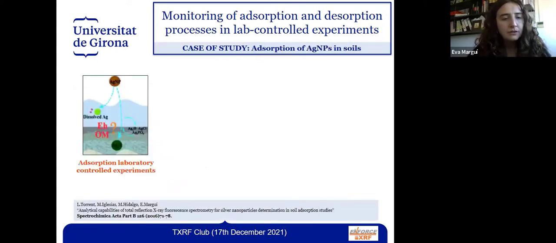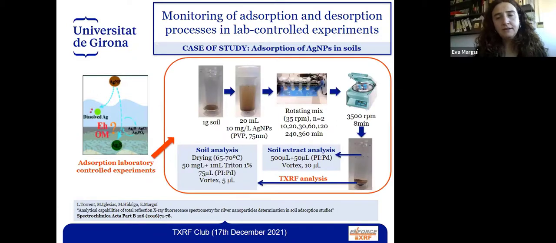More recently, in 2016, we applied a similar approach, in this case, to evaluate the absorption of silver nanoparticles in soil samples. Here is the experimental approach that we use. We weigh 1 gram of soil, we put it in contact with a solution containing the nanoparticles, then we mix the mixture and we remove a liquid at several times.